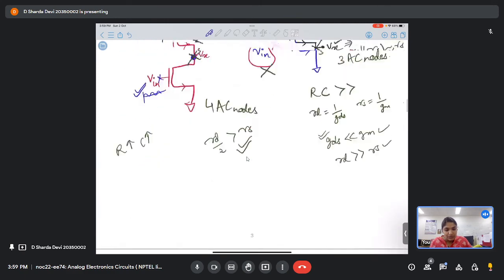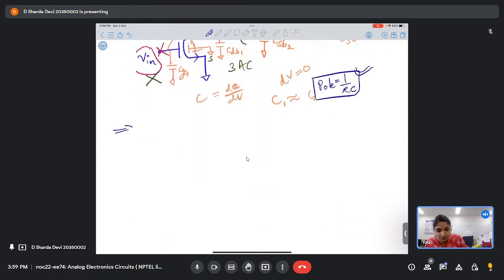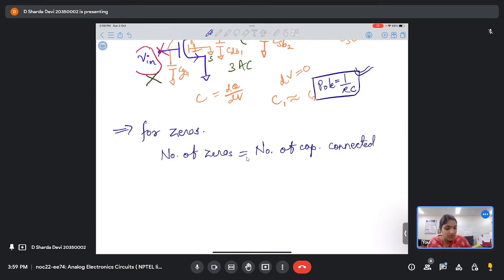For zeros, the number of zeros is the number of capacitances connected between input and output. That's how we find out the number of zeros.